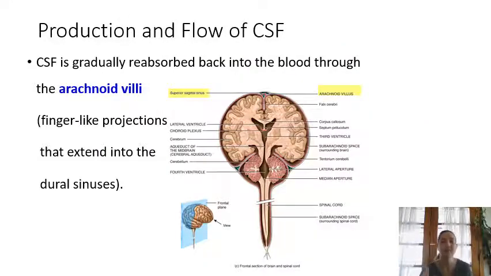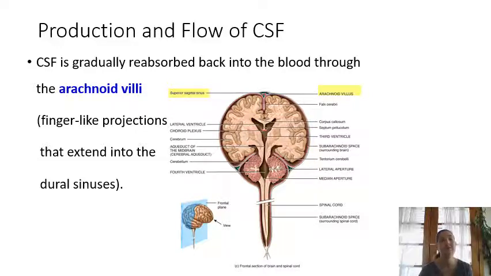Okay, now once we create the cerebrospinal fluid and it's supplying all of the tissues of your central nervous system, we also need to reabsorb it back into the blood. So we have to continue to circulate this and generate fresh CSF and also discard the old CSF. And we discard it by recycling it back into the bloodstream so that it can be cleaned out through the normal process that we clean your blood.